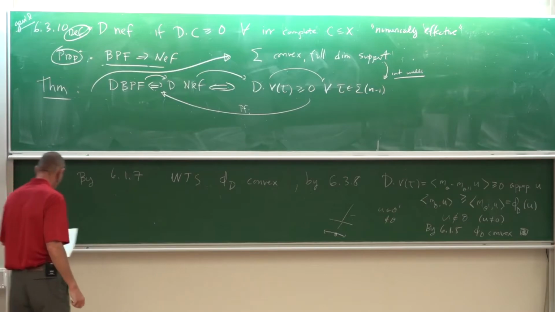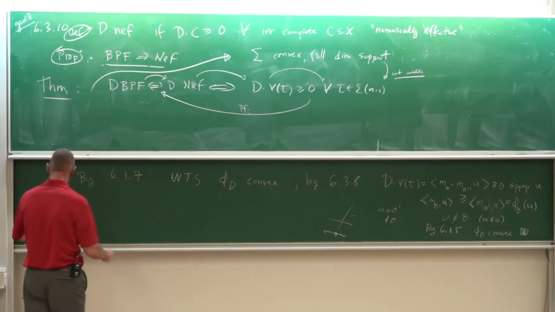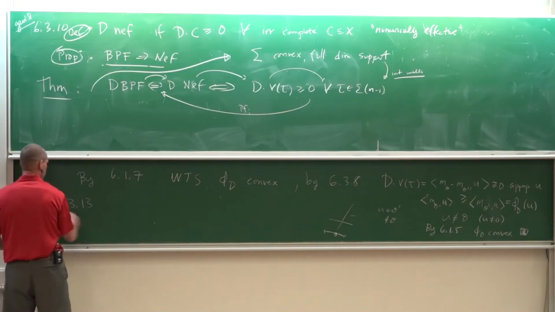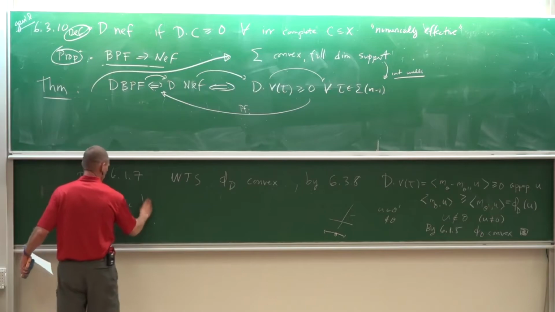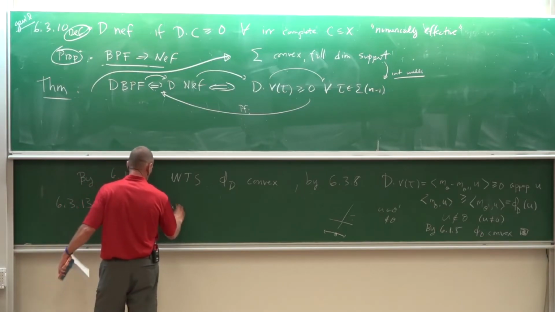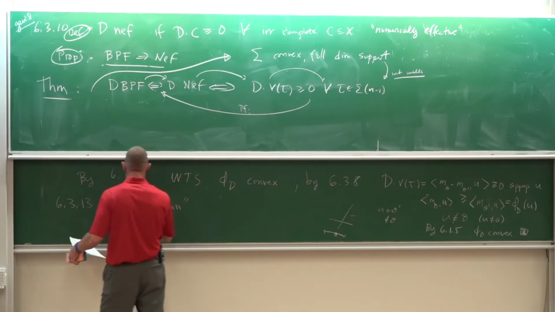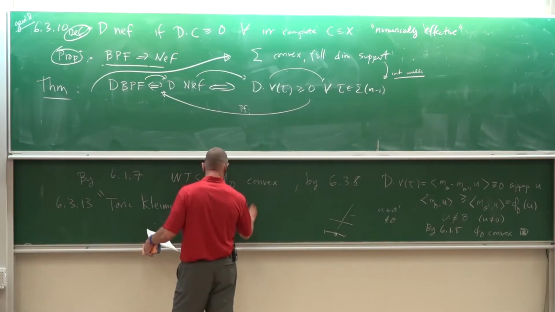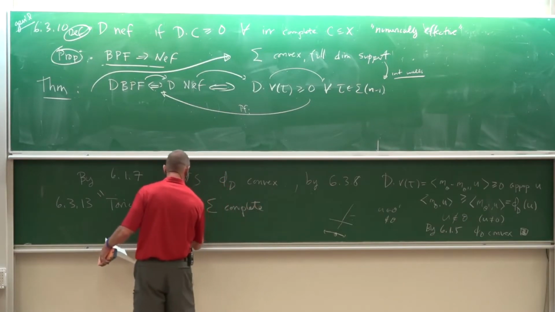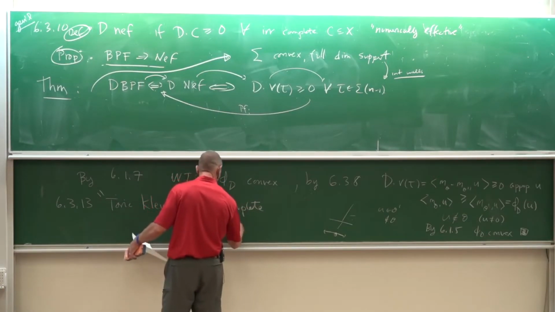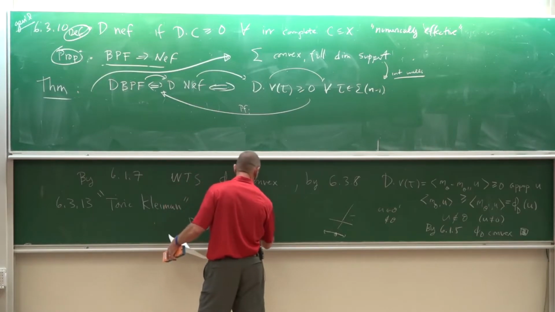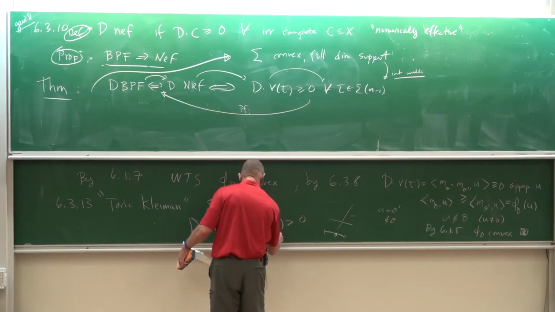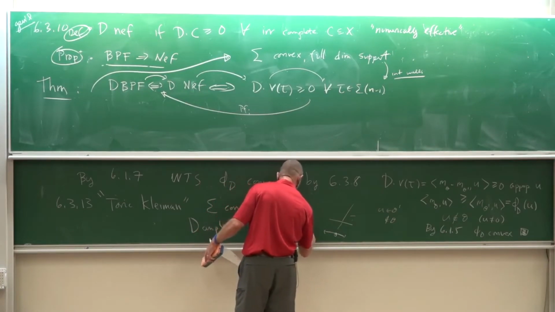And let me put a little toric claim. 6.3.13, this is called the toric claim. Suppose sigma is complete. Then D is ample if and only if D dot V of tau is strictly greater than 0 for all tau in sigma n minus 1.